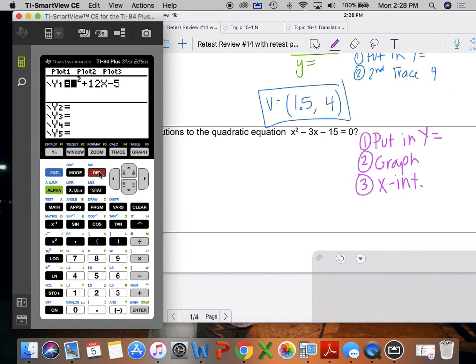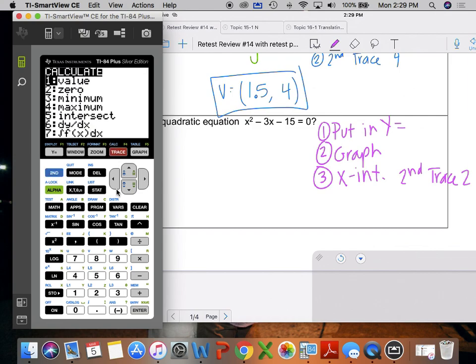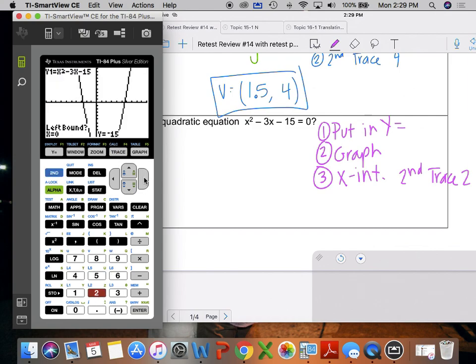So in y equals, I need x squared minus 3x minus 15. So I remind myself these are my x-intercepts. In order to find my x-intercepts, I do second trace 2, because 0 is another word for x-intercept. So second trace 2, move to what I want.